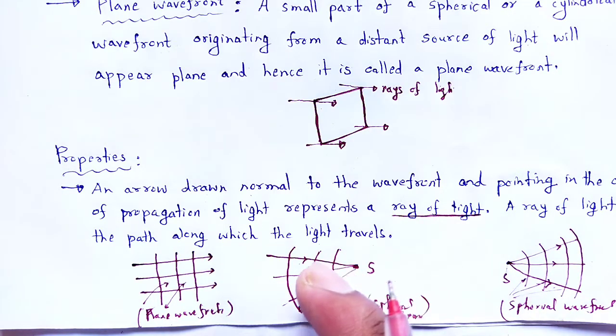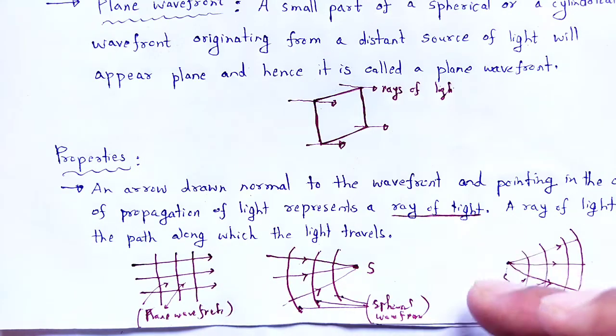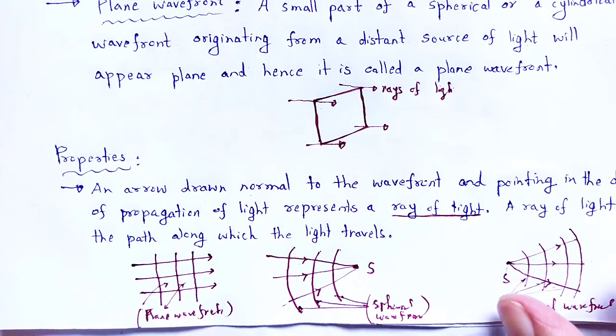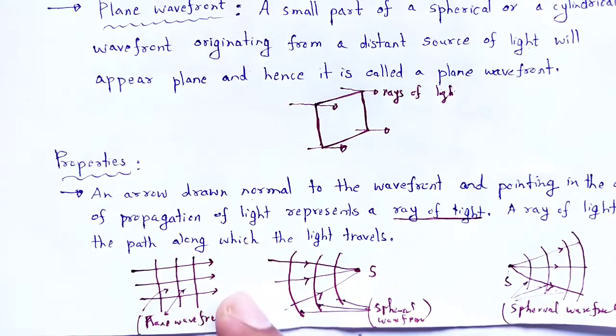When the light beams are converging in nature, these are the spherical wavefronts, and if the light beams are diverging in nature, that is the representation of spherical wavefront, and when the light beams are parallel in nature, that is the representation of plane wavefronts.